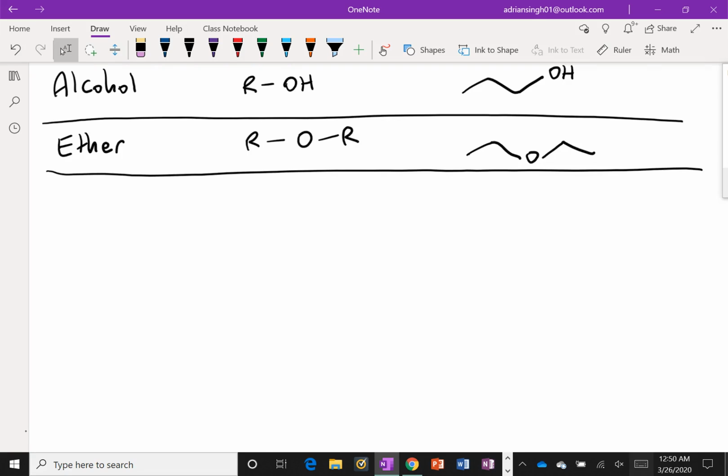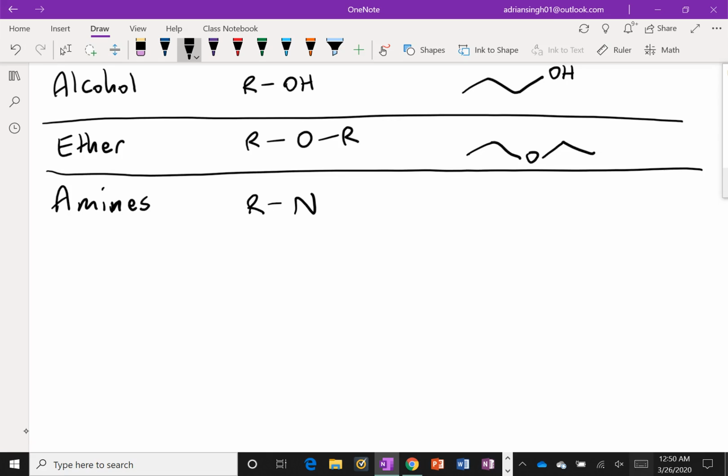nitrogen. All right, and your nitrogen-containing functional groups come in 2 varieties. There are things known as amines. Okay, that's how you pronounce that, amines. And your amines are going to contain an R connected to a nitrogen.